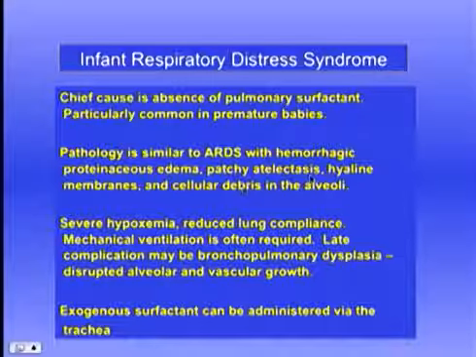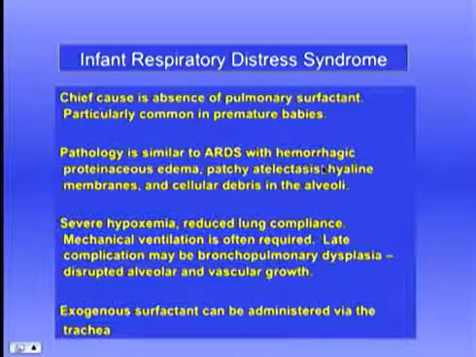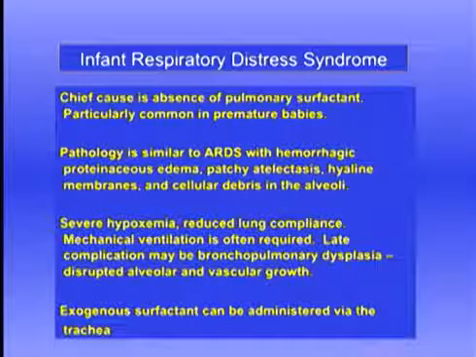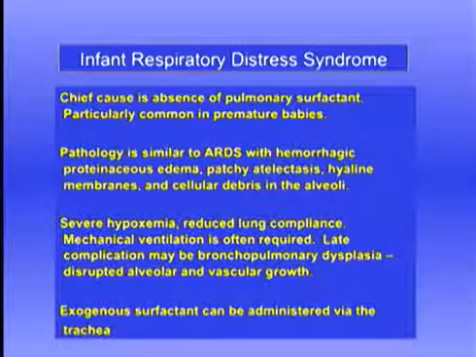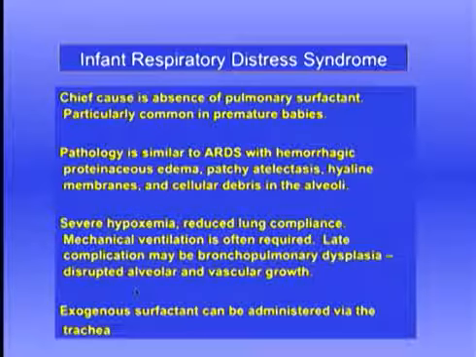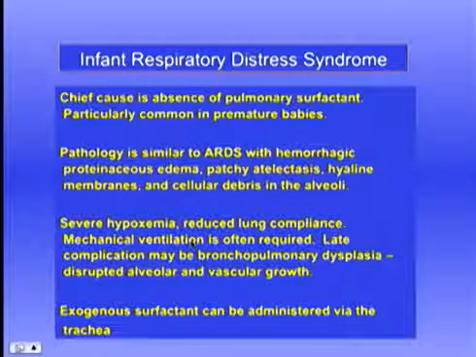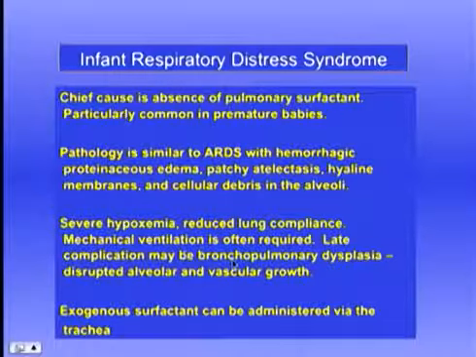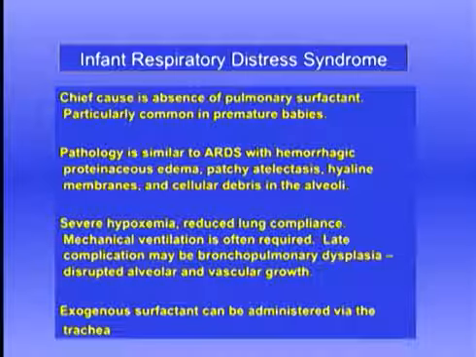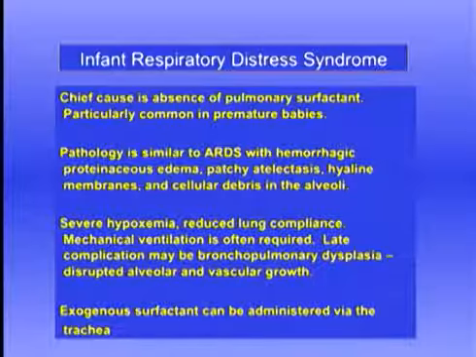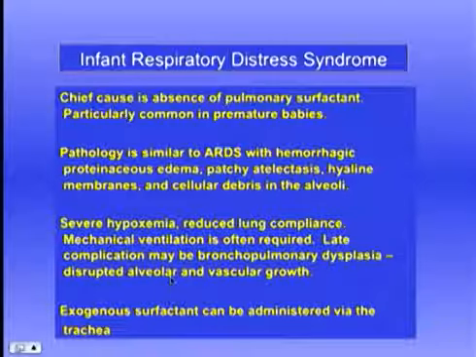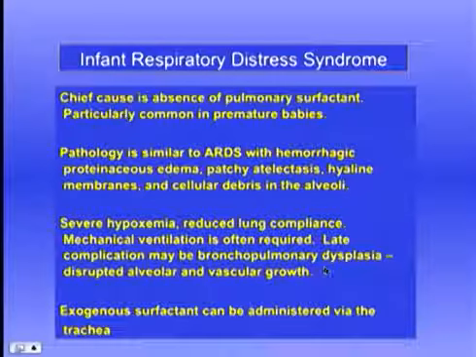The PO2 is very low, there's severe hypoxemia, there's a reduced lung compliance, and mechanical ventilation is often required. There is a problem, however, with mechanical ventilation in these infants, and that is that if they're on mechanical ventilation for a prolonged period, they may go on later to develop bronchopulmonary dysplasia. And this is characterized by disrupted alveolar and vascular growth and some fibrosis in the lung.